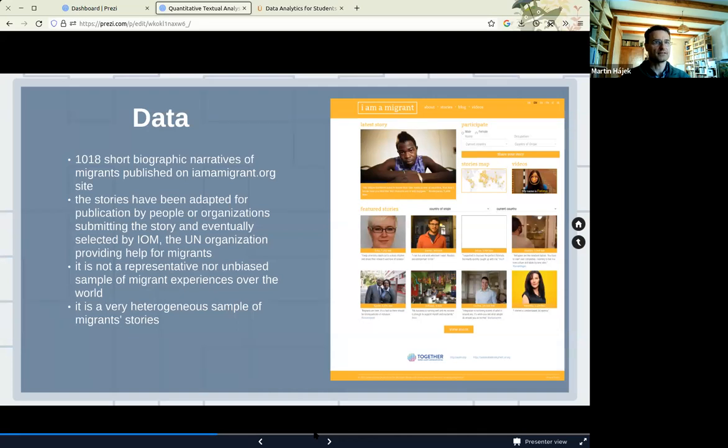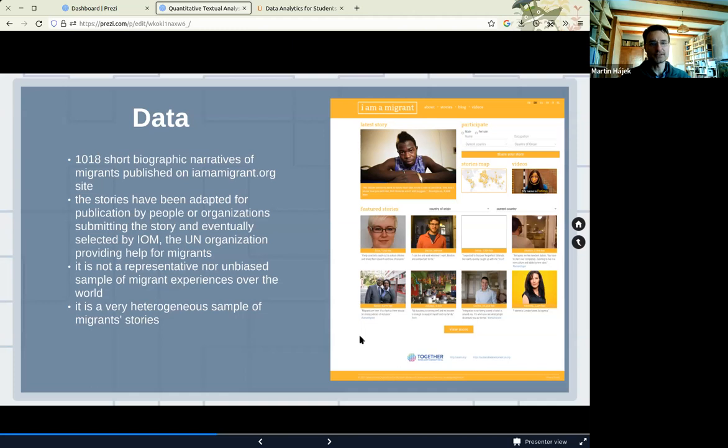They were made nice to read by people who collected these stories, or organizations that submitted these stories, and stories were selected by the owner of the site, which is the International Organization for Migration, a part of the United Nations organization. IOM provides help for migrants.